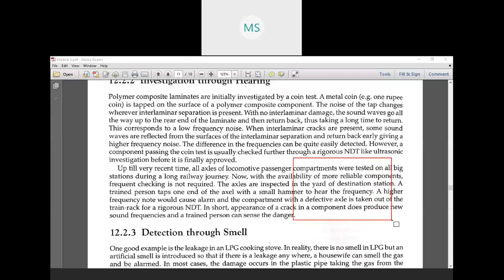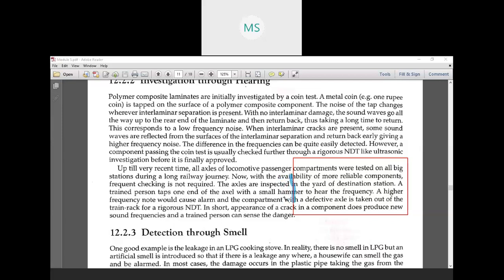Suppose this is your polymer composite laminate. You are sending a wave. This is your metal coin. Suppose you are tapping a metal coin on the surface and there is no defect on the system.